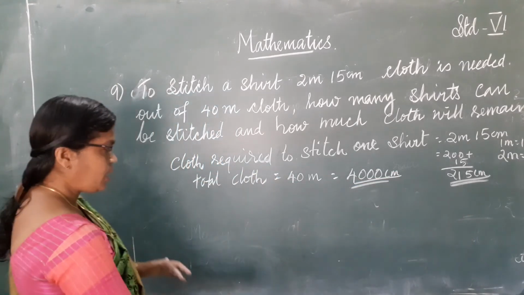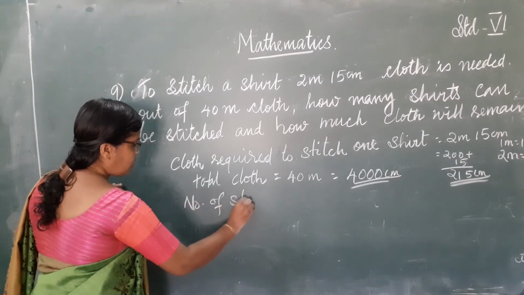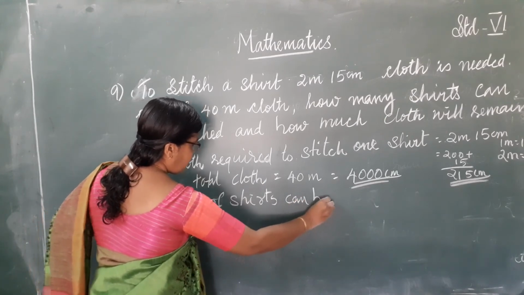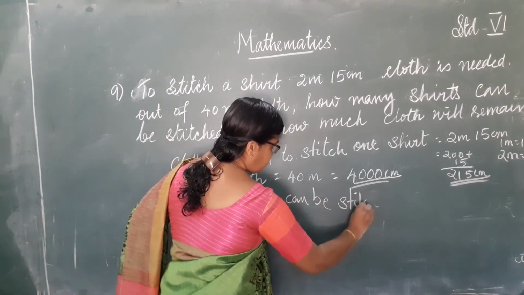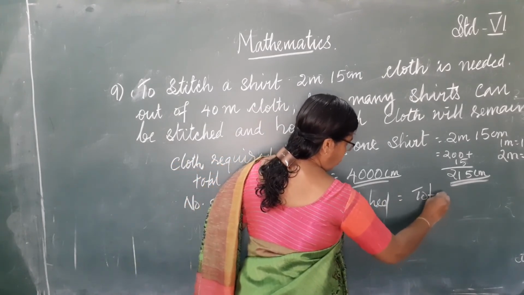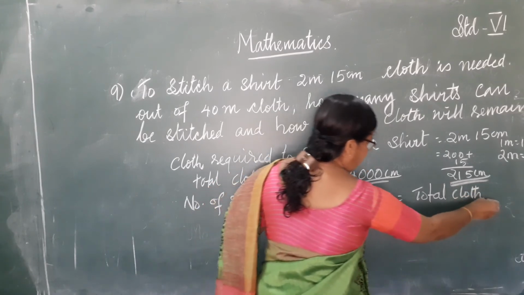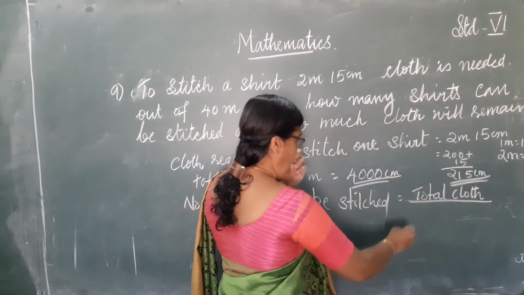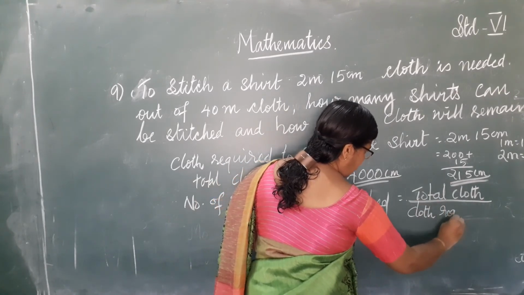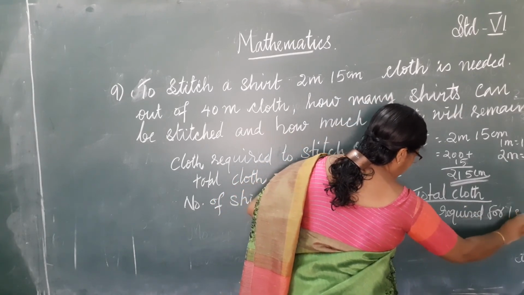Isn't it? So number of shirts that can be stitched is equal to total cloth divided by cloth required for one shirt.